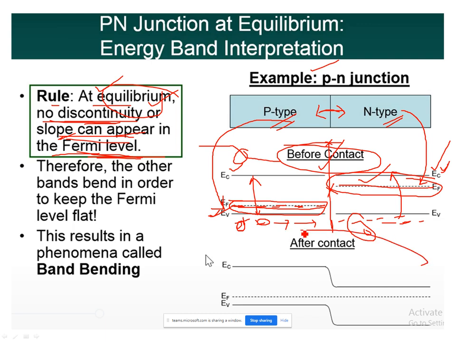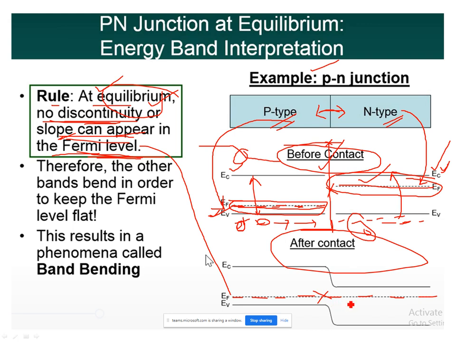So after contact, when the p and n junctions are formed, the rule says that the Fermi energy level, or the probability of finding the electrons, cannot be discontinued, or we can't have a gap here. Neither can it be bent.